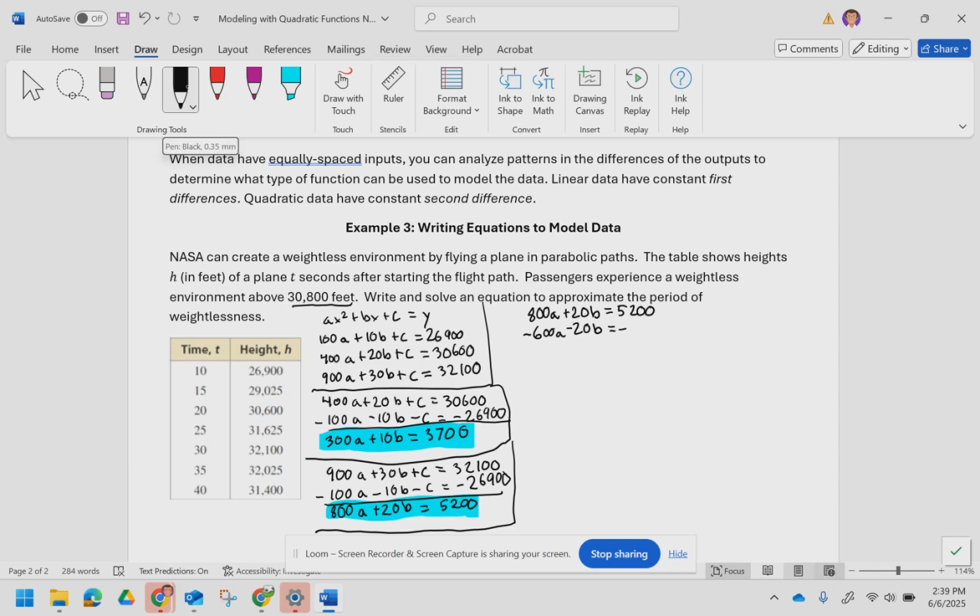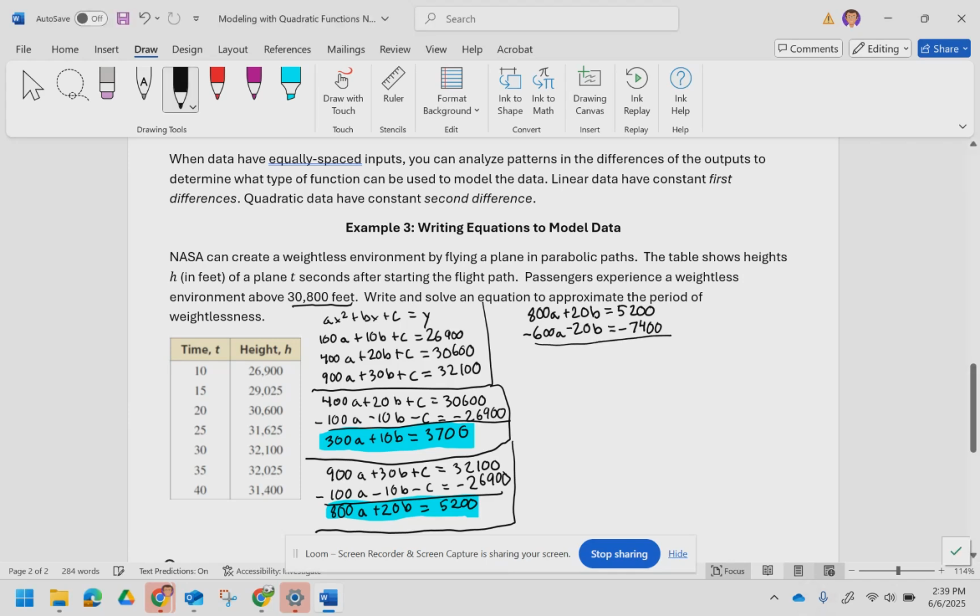minus, let's see, times negative 2, 3,700 times negative 2. Is that right? Yeah.